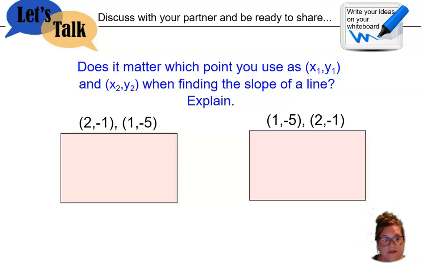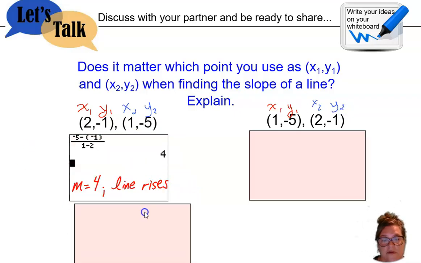So in this example, let's use 2, -1 as x1, y1, and then we'll use the point 1, -5 as the x2, y2. Then we'll do the same formula for slope, but we're going to switch. We're going to make this 1, -5 be our x1, y1, and we'll have the 2, -1 be the x2, y2.